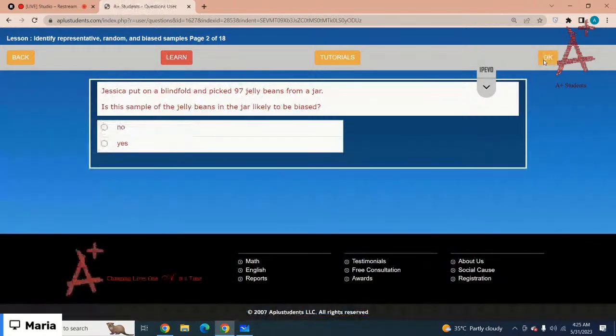Jessica put on a blindfold and picked 97 jelly beans from a jar. Is this sample of jelly beans in the jar likely to be biased? So which is the correct option, yes or no?